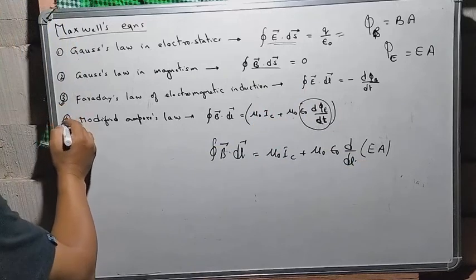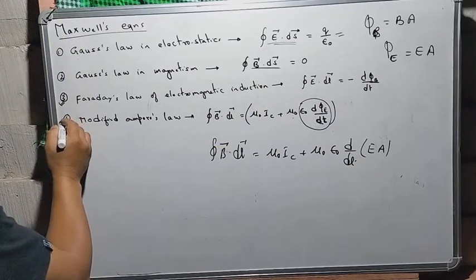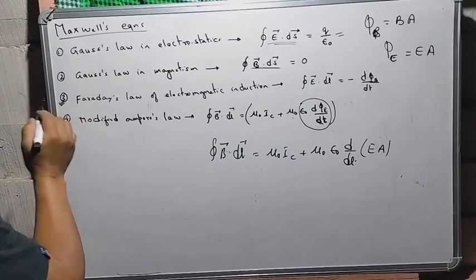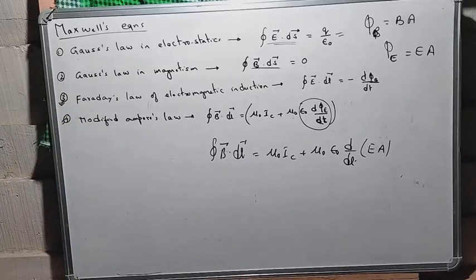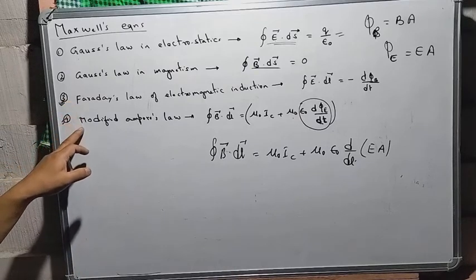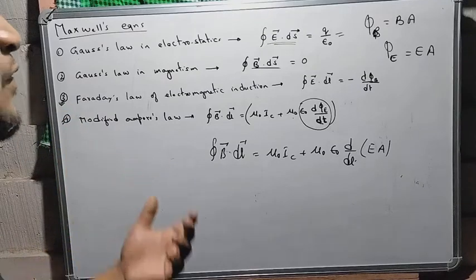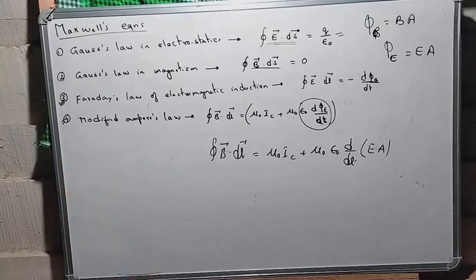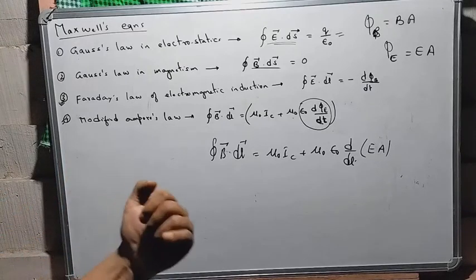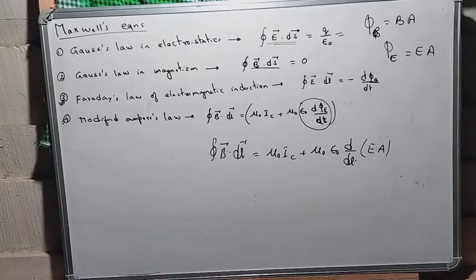These last two equations are very important, and they lead to the conclusions about the electromagnetic wave. Based on these two equations, we find that a change of either field will produce the other field, which means a change of electric field will produce a magnetic field, and if you change the magnetic field, you will get an electric field.